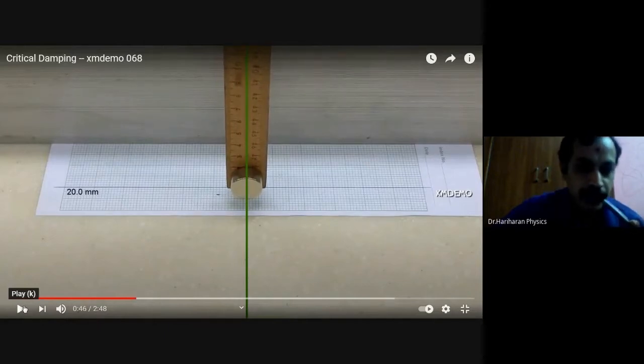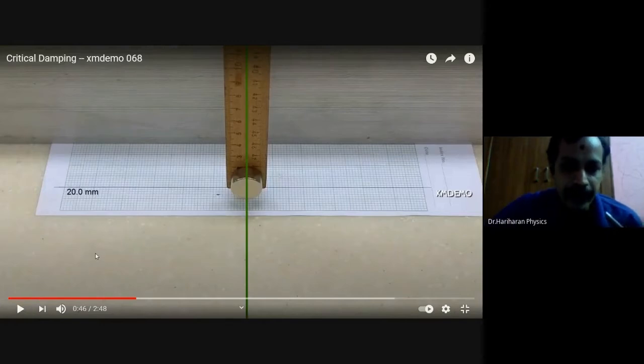Did you see here? When the object was set into vibration, it vibrates, and roughly after some 12 oscillations, it comes to rest. As time lapses, the amplitude decreases with time. Eventually, it came to rest. When the distance between the magnet and aluminum bar was 20 millimeters, that is 2 centimeters.